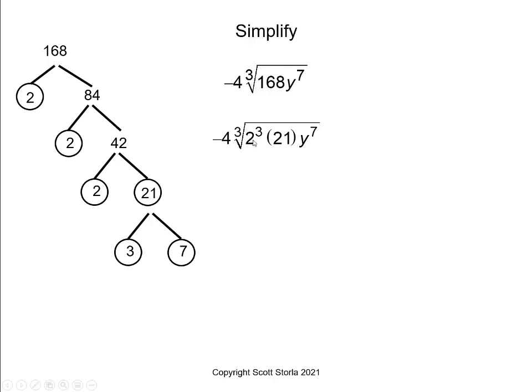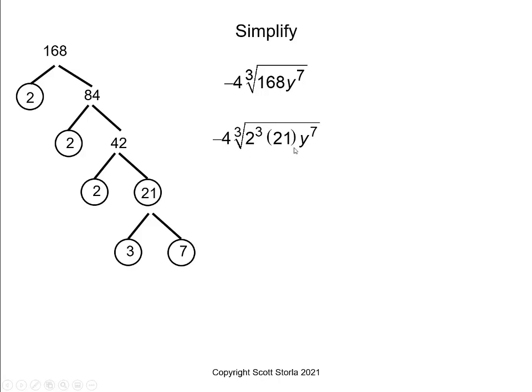3 goes into 3 once, so I'll have a factor of 2 outside. Remainder 0, so no factor of 2 is inside. 21 is just inside. And for the factor of y to the 7th, 3 goes into 7 twice, so I'll have y squared outside.